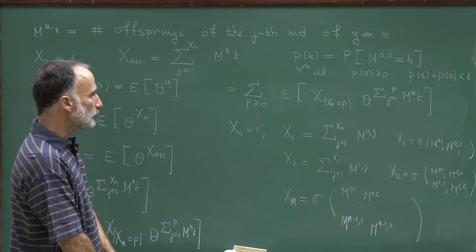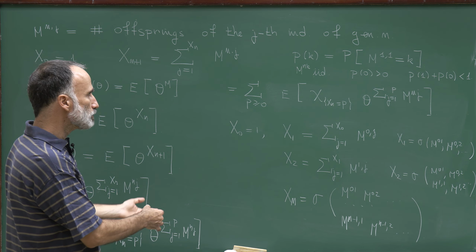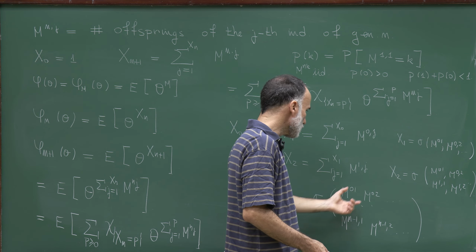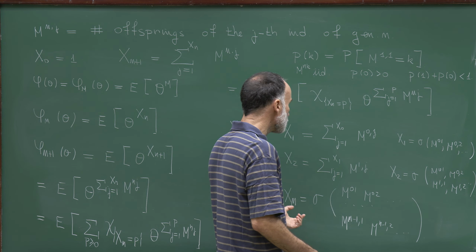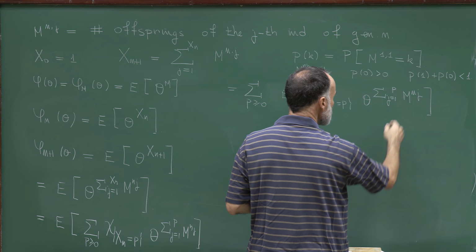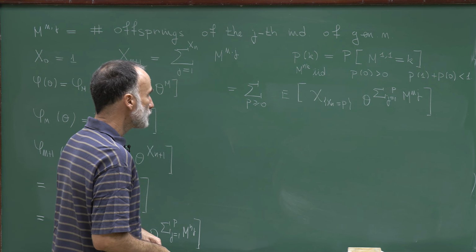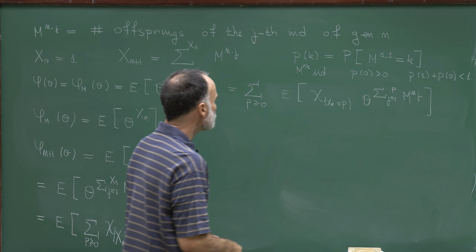So this is an application of the results we've seen in the lectures, which tells you that if you have a function of a family of independent variables, then this new function is independent from this independent family. So it follows from this argument that xn is independent from mnj, and therefore that this expectation is equal to the product of the expectations.